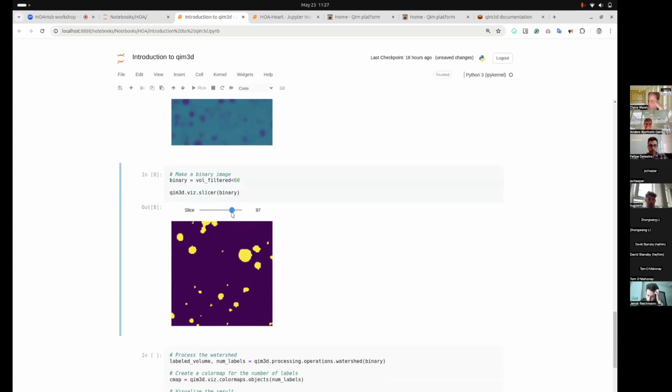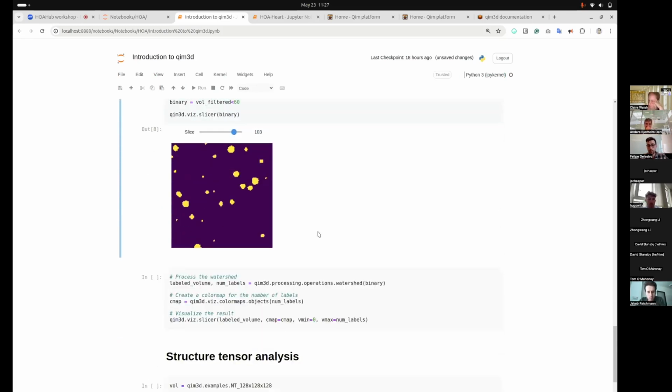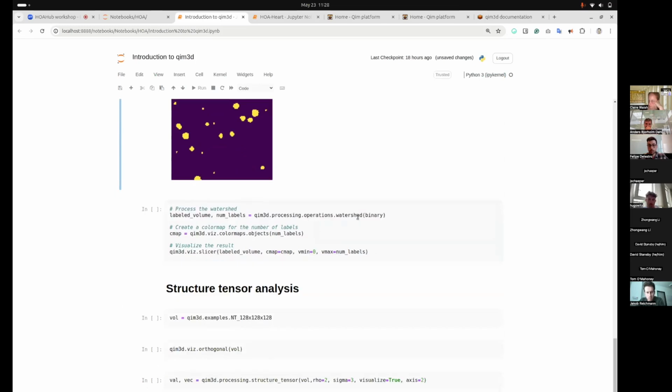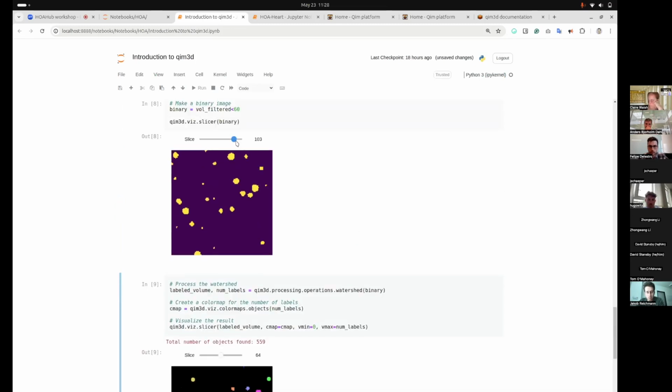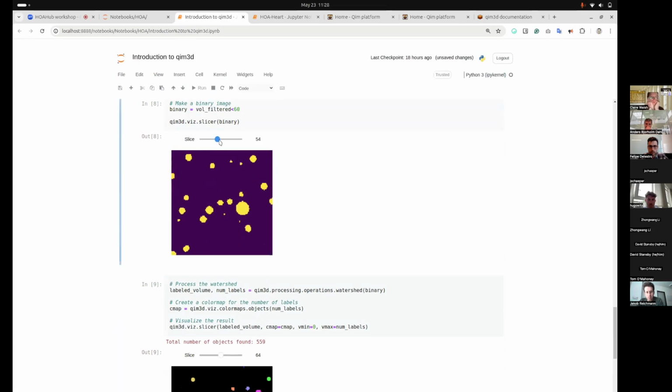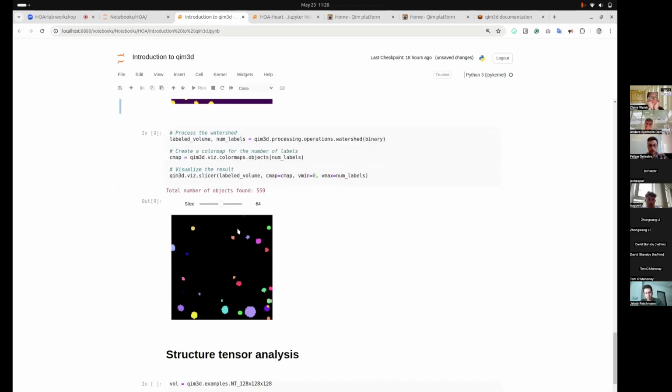And very easily we can do a 3D watershed and visualize the results of it, because we could see that from here, for example, you have some objects that are connected. And the simple 3D watershed is what we would need to get our individual components there.